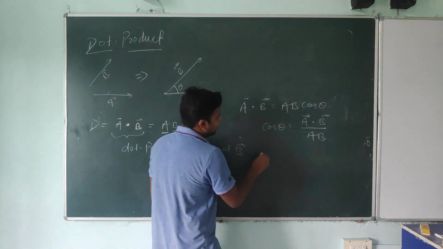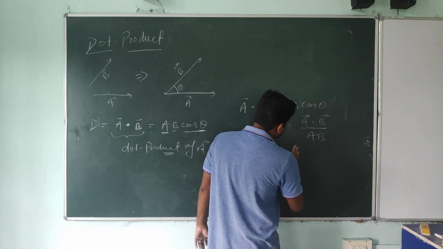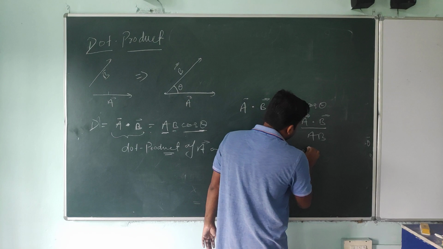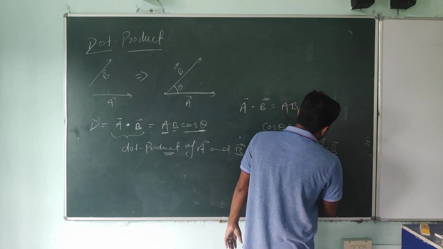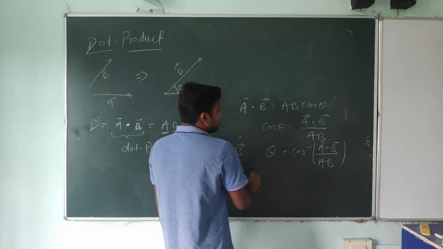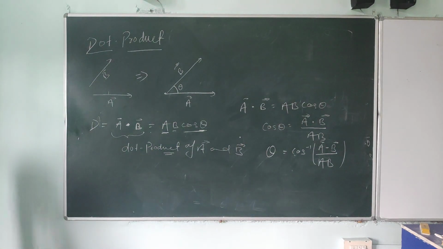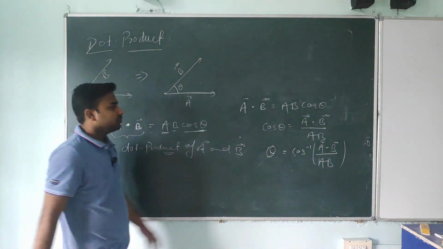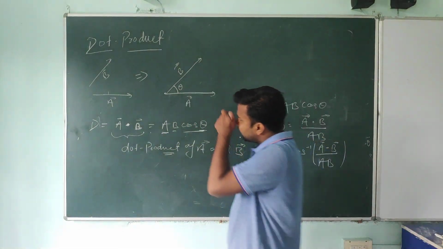Or you can write theta, the angle between two vectors, is equal to cos inverse of a dot b divided by ab. So using this dot product you can find the angle between two vectors. Okay, student? This is important.